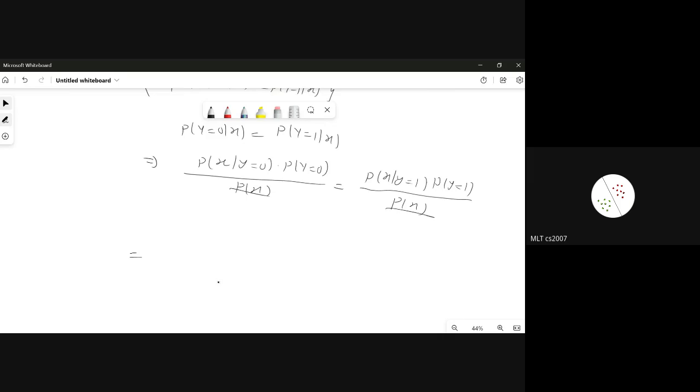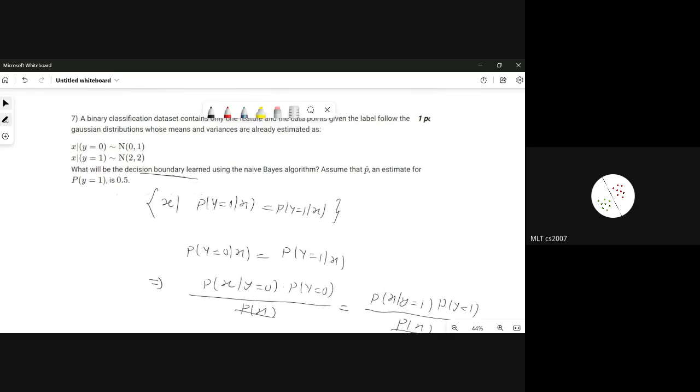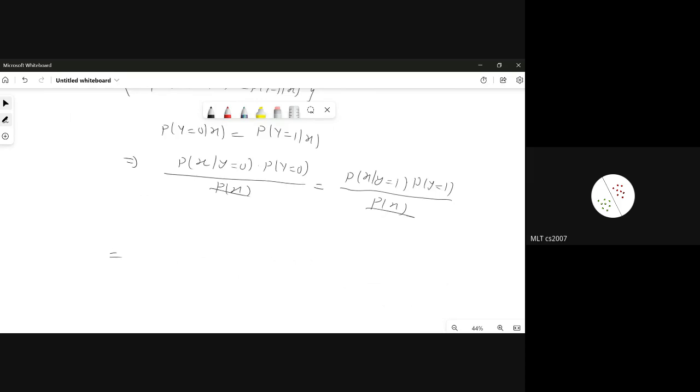P(y=0) and P(y=1) have been given as 0.5, both are equal, so these cancel out. Now you are left with P(x | y=0) equal to P(x | y=1). So what is this?